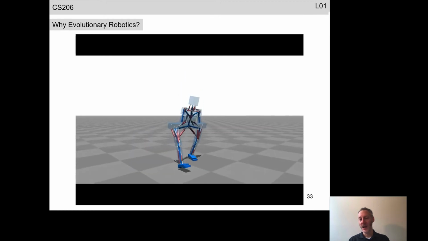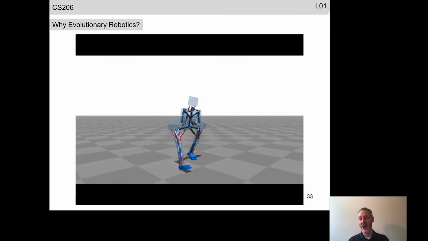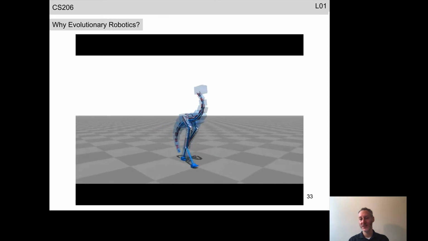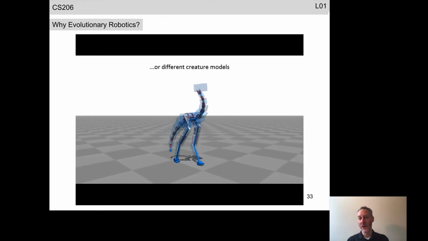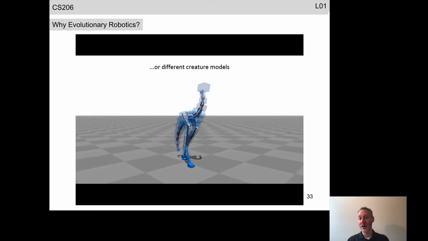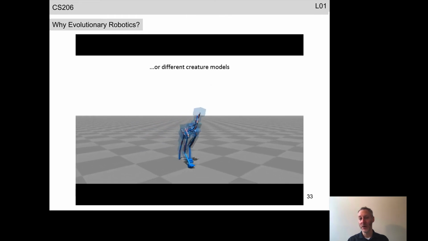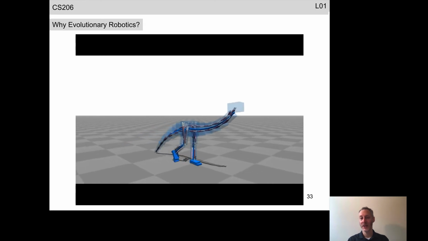And at the same time, evolution is determining how to extend or compress these pistons. One of the nice things about evolving bodies and brains is it often leads to a solution that is adaptive or robust to changes in the body itself.